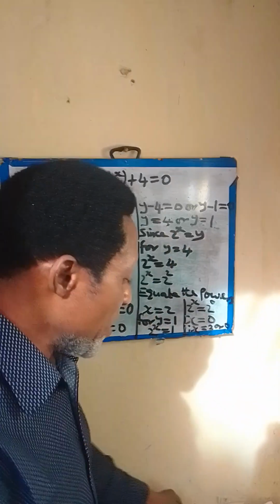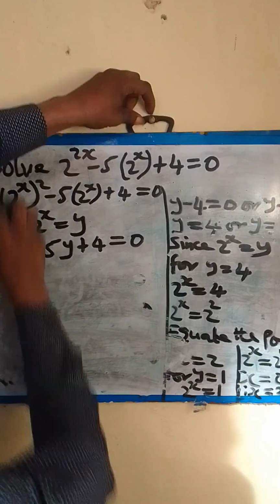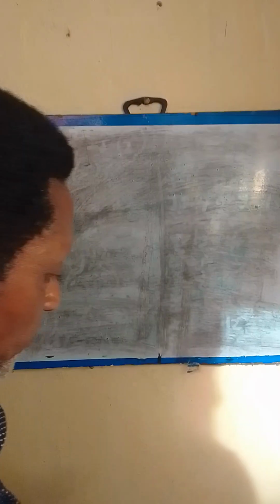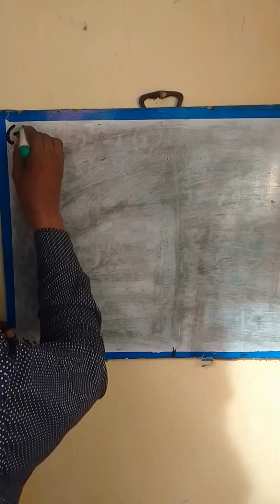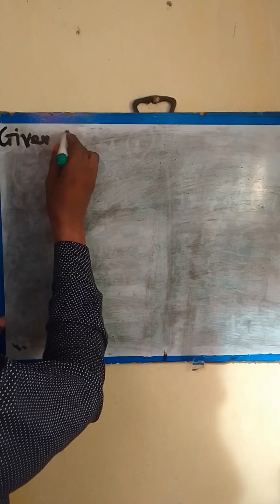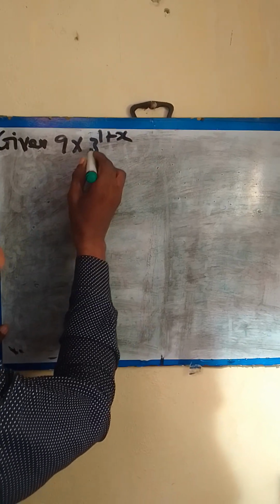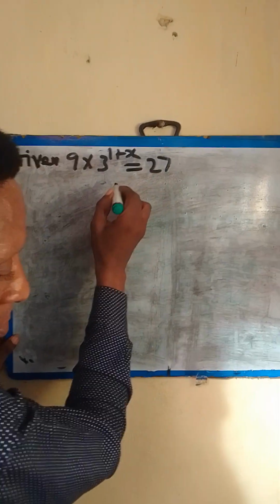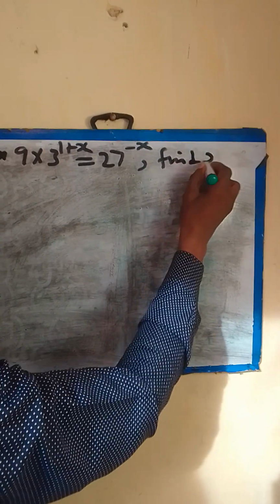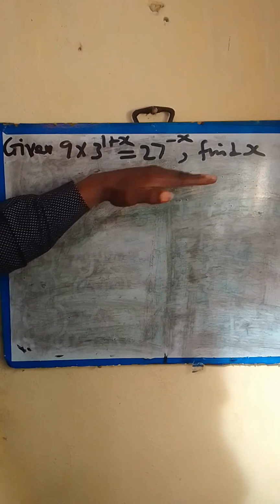So the next indicial problem we are going to look at: given that 9 times 3 raised to power x plus 1 is equal to 27 raised to power minus x, we are asked to look for x.